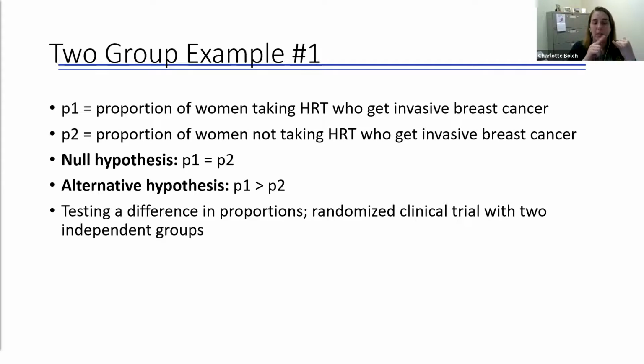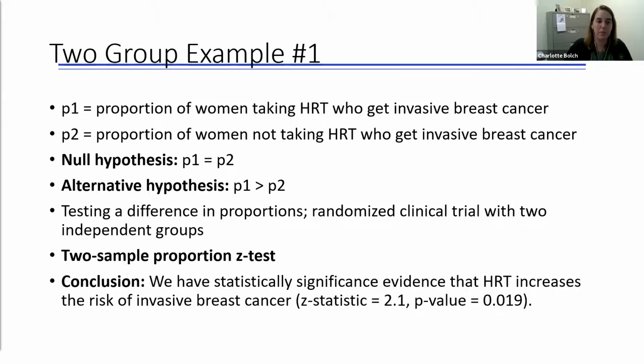So we're testing a difference in proportions. We can answer this kind of cause and effect question because we're doing a randomized clinical trial with two independent groups. The appropriate test would be a two-sample proportion Z test, which compares these two proportions between the two groups. A conclusion would be that we have statistically significant evidence that HRT increases the risk of invasive breast cancer.